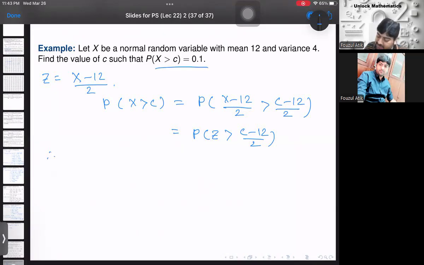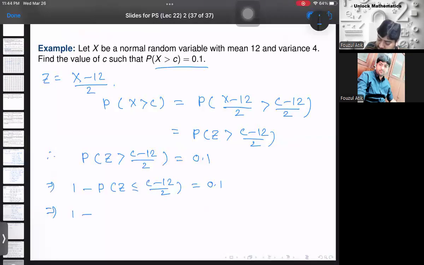Therefore p of z greater than (c minus 12)/2 is equal to 0.1. One more thing we'll do. Z is greater than that, so can I write that it is 1 minus p of z less than or equal to (c minus 12)/2? This is equal to 0.1.